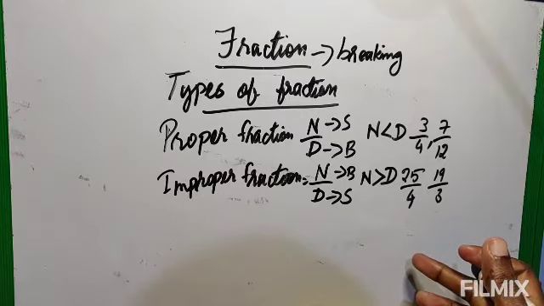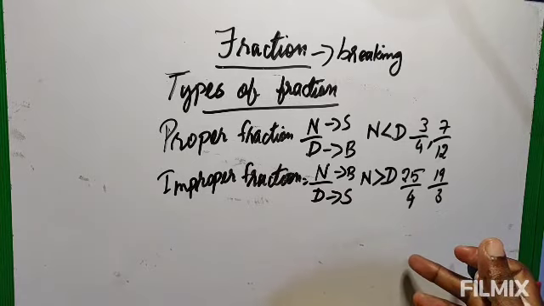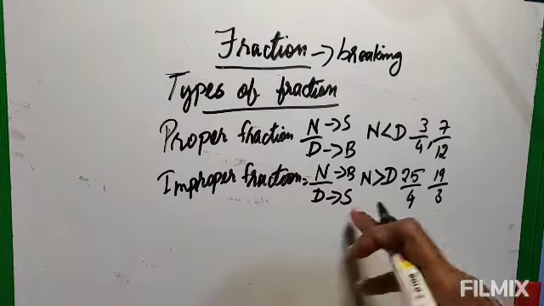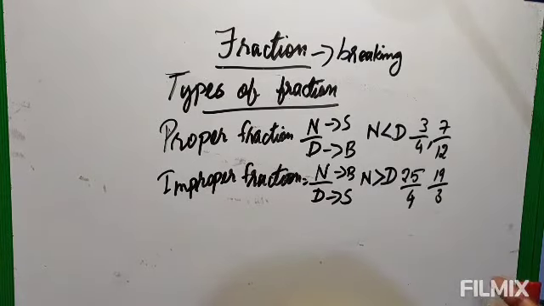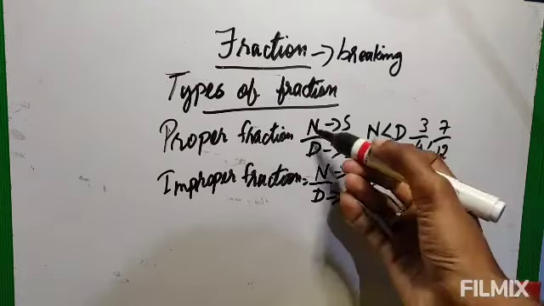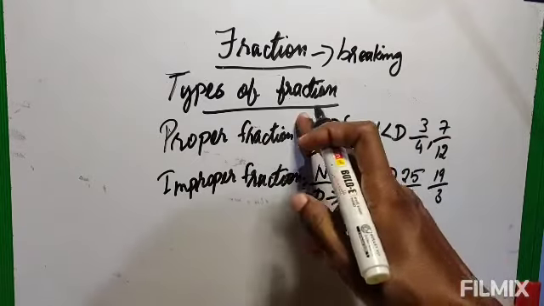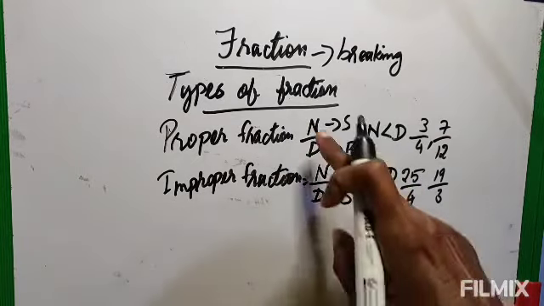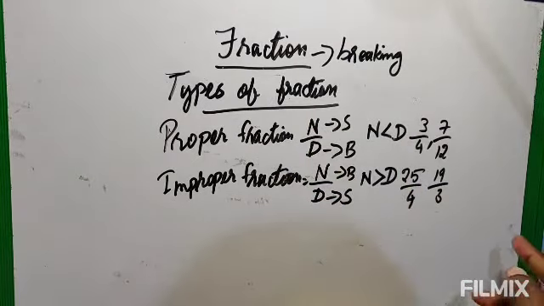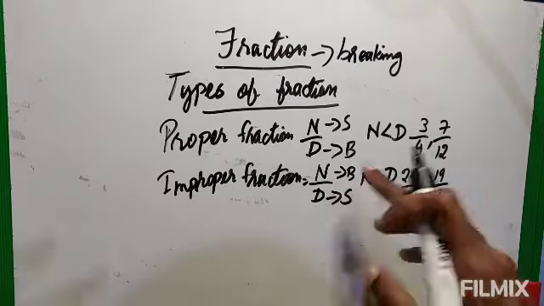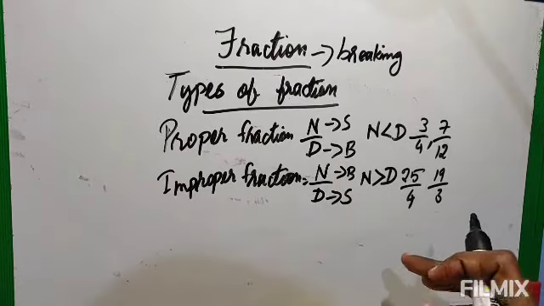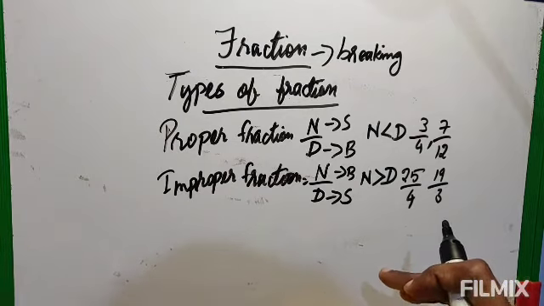If the head is so big, it will look improper and it will fall down. The same thing, improper means the head is big. If the head is small, then it is proper. Head means I am saying numerator, on the top is the head. So if the numerator is smaller, then it is a proper fraction. If the numerator is bigger, then it is an improper fraction. So this is the basic one you are learning first.